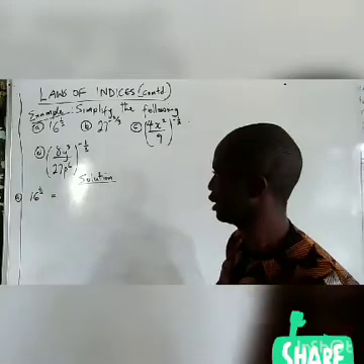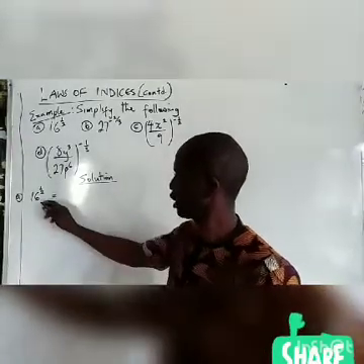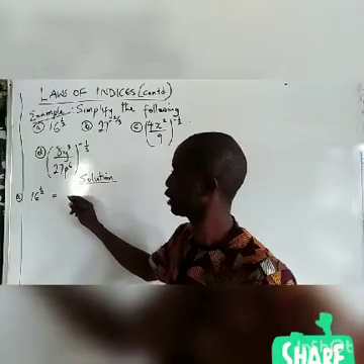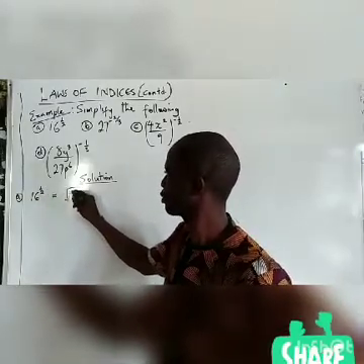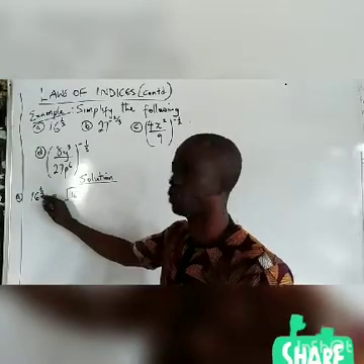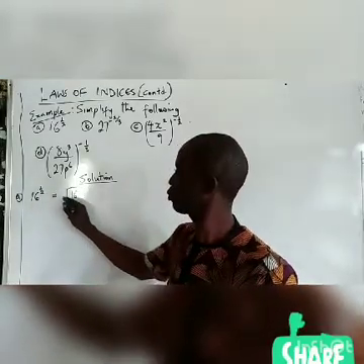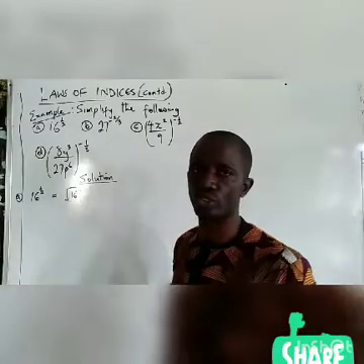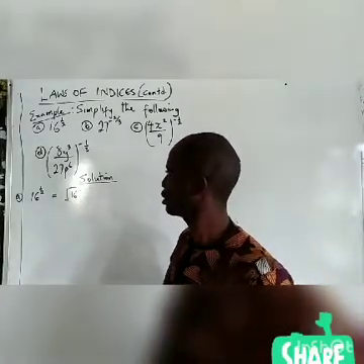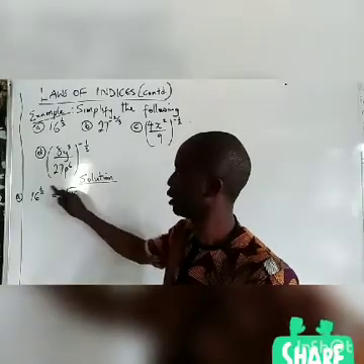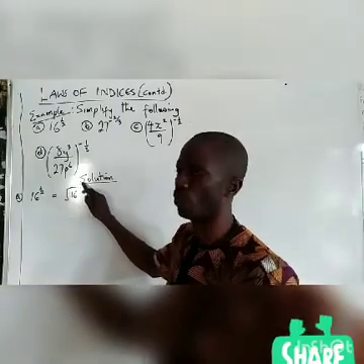Now, let's look at this here. If you're having 16 raised to power 1 over 2, because of this fraction, we are going to be having the square root of 16. The denominator here is 2, so we are taking the square root. This sign alone shows that it is a square root, so there's no need to put 2 there. Since the numerator here is 1, there's no need to put raised to power 1.